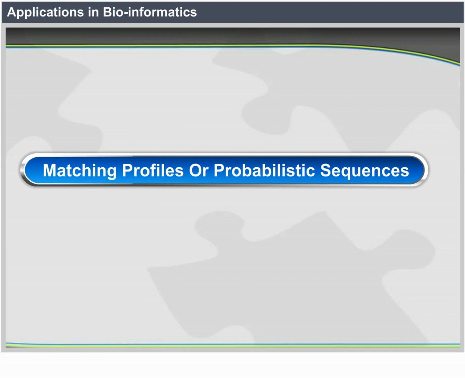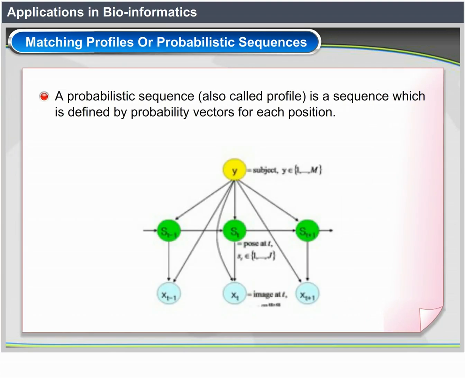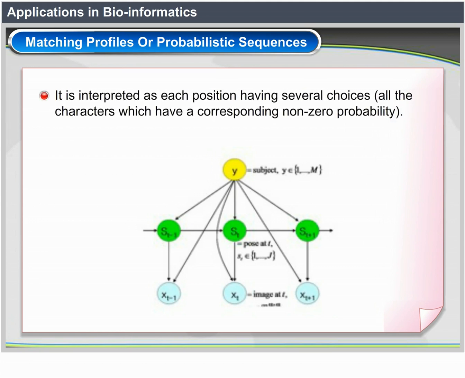Matching profiles or probabilistic sequences. A probabilistic sequence, also called profile, is a sequence which is defined by a probability vector for each position. It is interpreted as each position having several choices, all the characters which have a corresponding non-zero probability.